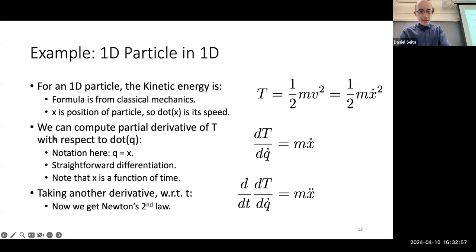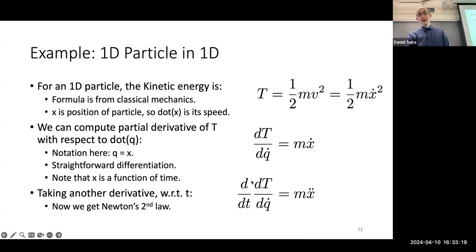So we can compute the partial derivative of T with respect to q dot here. When you apply the standard derivative, you pull the 2 down, it goes away, and then you get m times x dot. You can take another derivative, and then you get m times x double dot.